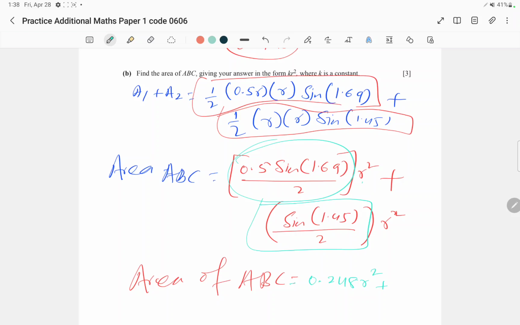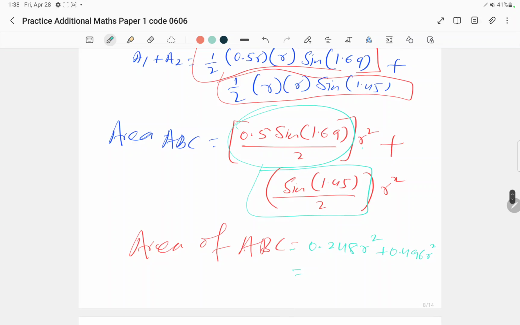Now we have to use sine of 1.45, sine of 1.45 over 2, which is 0.496 r squared. And now just add these two. So 0.496 plus 0.248.